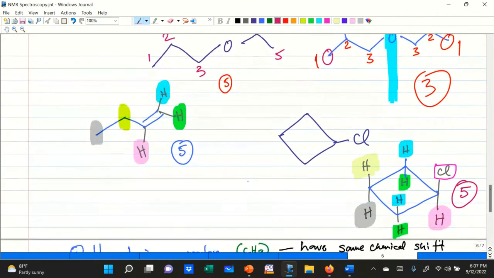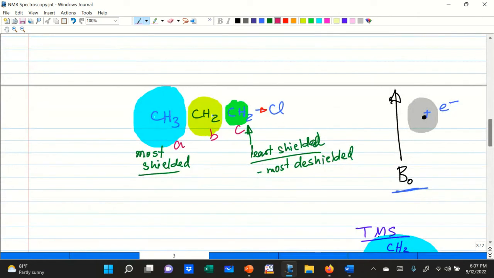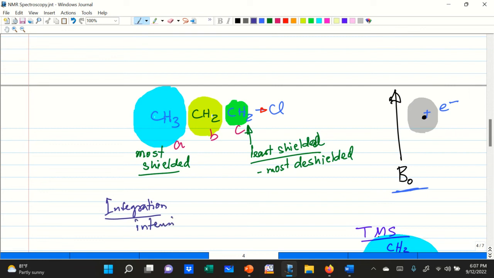If we go for the very first one, the intensity ratio of the signals, which is called integration, is going to be 3 to 2 to 2, because you have 3 hydrogens of one kind in CH3, CH2 has 2 hydrogens of one kind, and CH2 green has also 2 hydrogens of one kind.